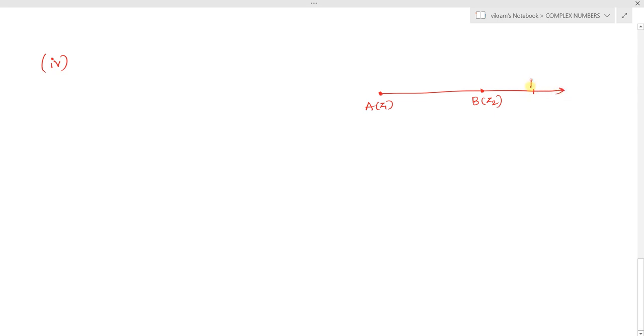To find AB, if we find the length of AP and subtract the length of BP, then we can find the length of AB. So I can write AP minus BP equals AB.